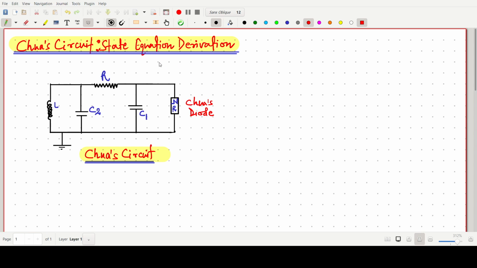First we have to define how many state variables there are.